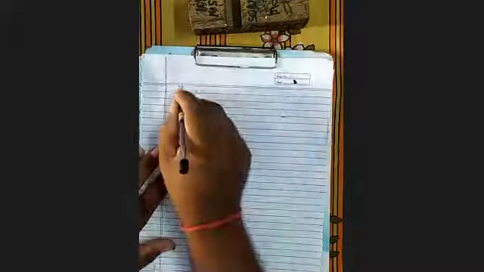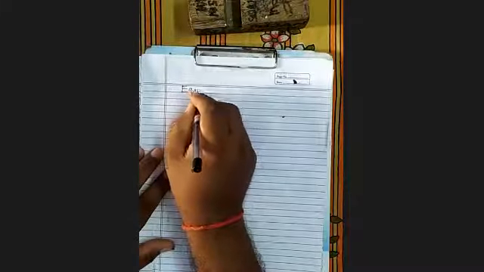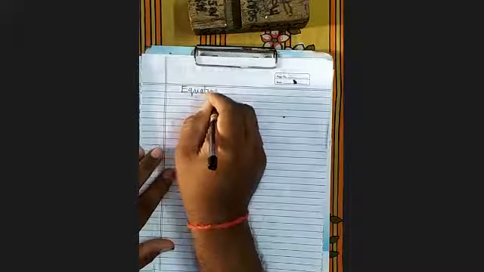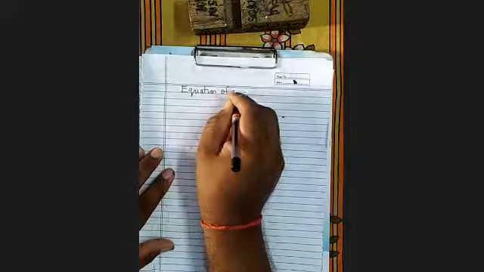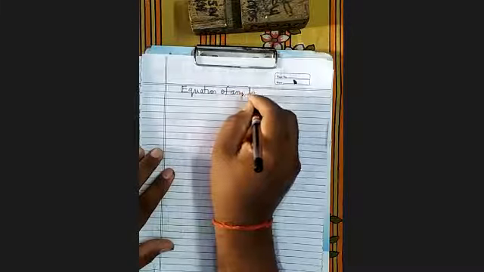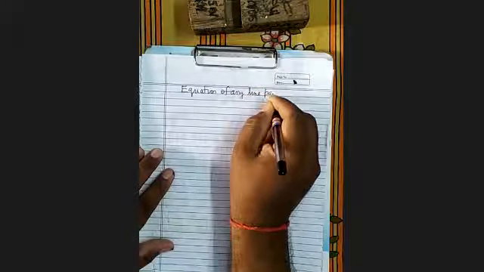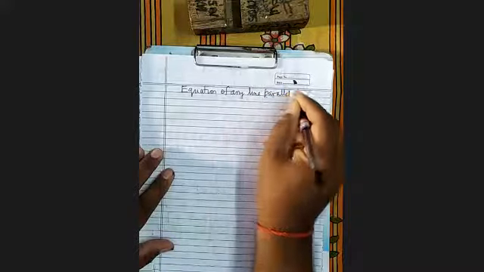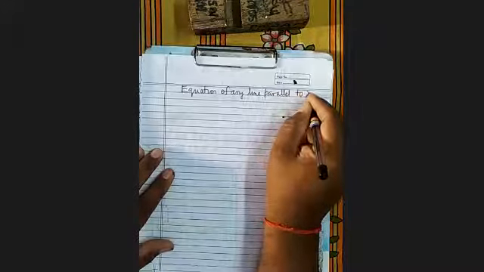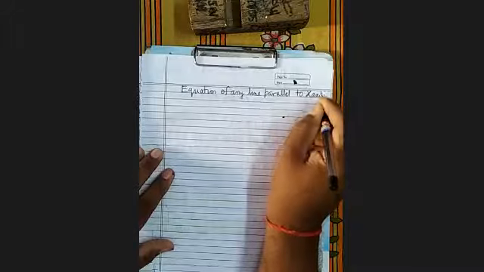Now see here one more thing. You see the equation of any line parallel to the x-axis.